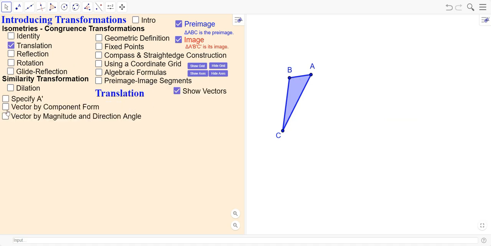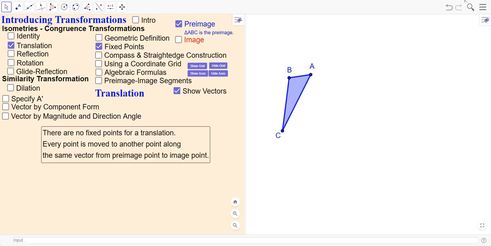Okay, so notice that there are no fixed points for a translation. Every point is moved to another point along the same vector from pre-image to image point.